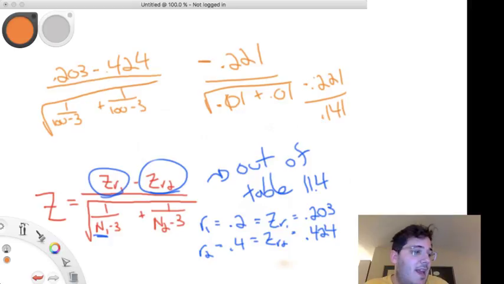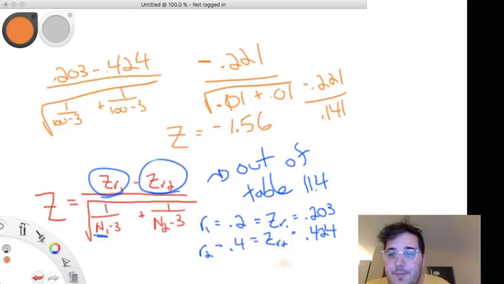So divide negative 0.221 by 0.141, and you get a Fisher's Z of negative 1.56. Now, since Fisher's Z follows the Z distribution, you know the critical value at an alpha of 0.05 is 1.96.